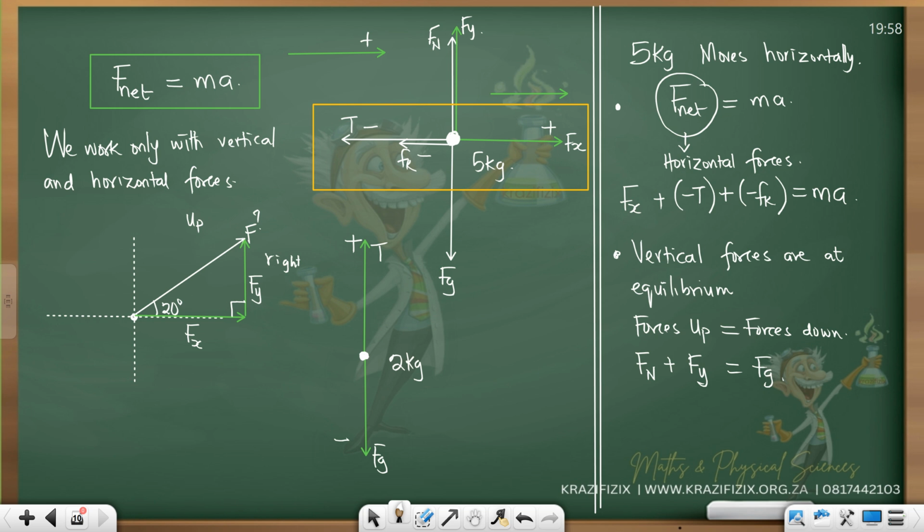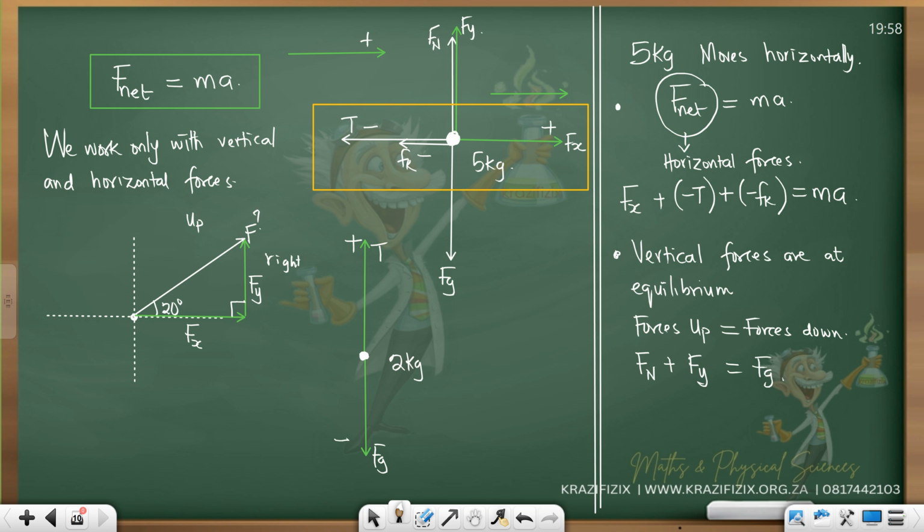My object is moving horizontally. It simply means my horizontal forces are the ones that I'm going to use for F net. But my vertical forces, this is only on the 5 kg, please. Does this make sense? Are you with me?